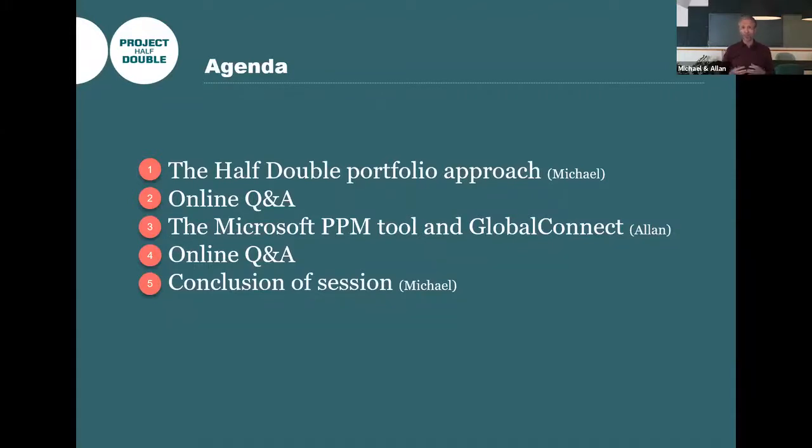And we will use some time to try to answer some of those questions as the second part of this agenda. We will, after a few questions, move on to Allan, who will introduce the Microsoft PPM tool and also the GlobalConnect case to see how we have applied the Half Double portfolio approach in real life with a real life company. Then again, you will have opportunities to ask questions as you move along, and Allan will help us to answer some of those questions.